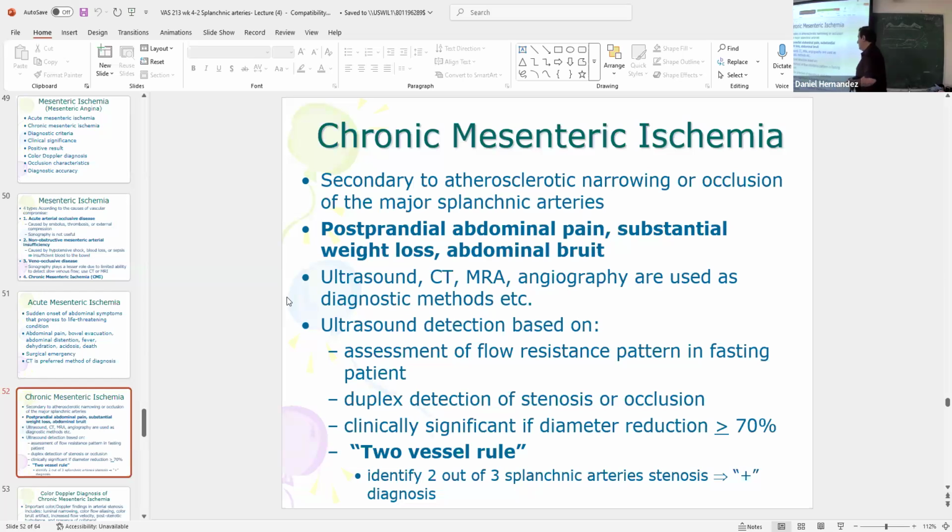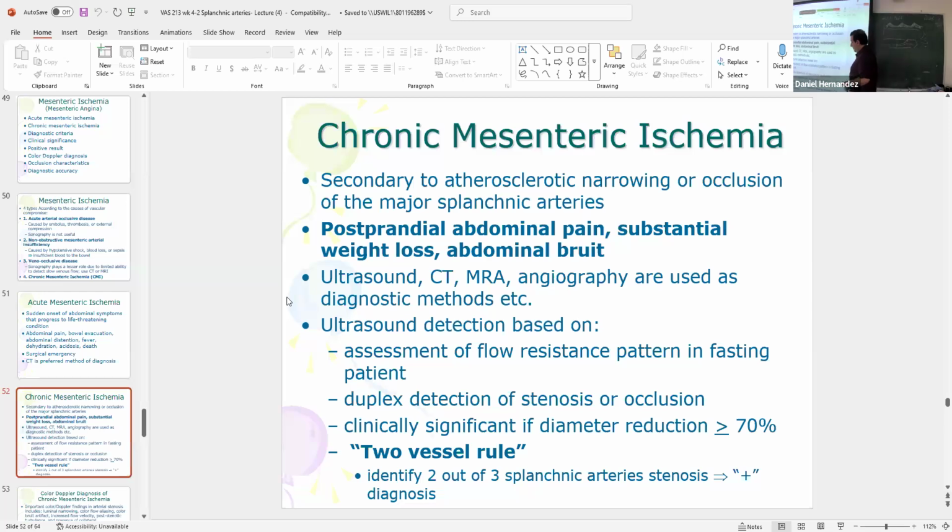With ultrasound, we're going to assess flow resistance patterns in the fasting patient. We look for duplex detection of stenosis or occlusion. Again, we look for clinically significant diameter reductions of greater than 70%. So that's why the peak systolic velocity criteria is the one they really focus on, the greater than 70% diameter reduction.